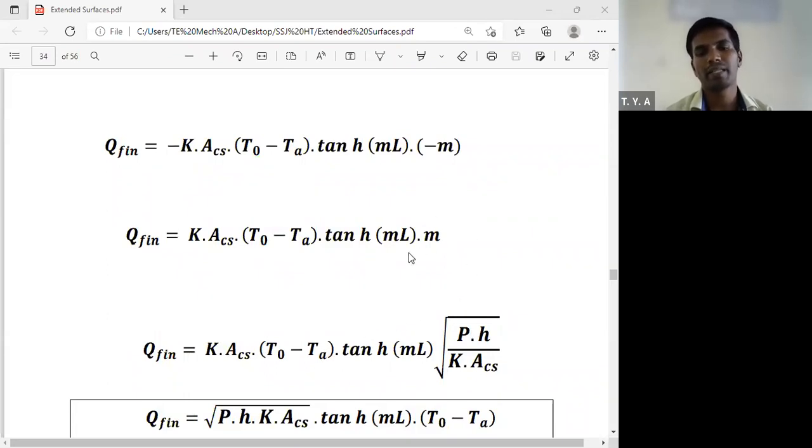We know the value of m; we have considered m as the square root of hp upon k into cross section area. So by simplification we get the equation q fin is equal to square root of phka tan hyperbolic ml into T0 minus Ta.